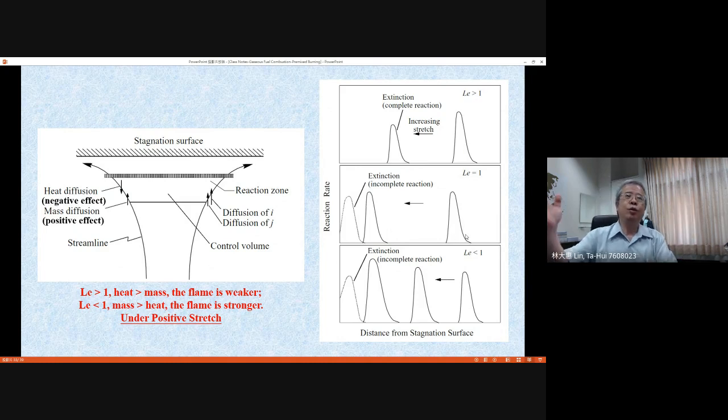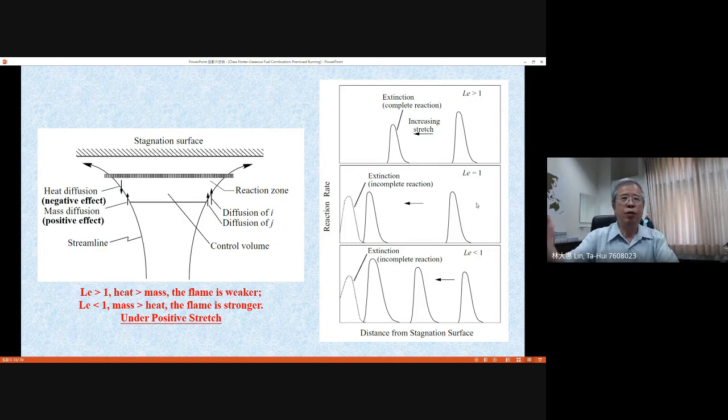Now you try to increase your injection velocity. As I explained earlier, when you increase the injection velocity, you will push your flame closer to the stagnation surface, right? For the case of stagnation point flow, this is a solid surface, so it will give you some heat loss.